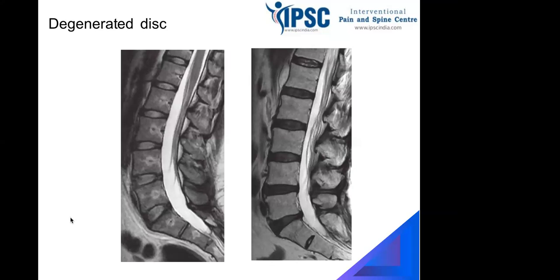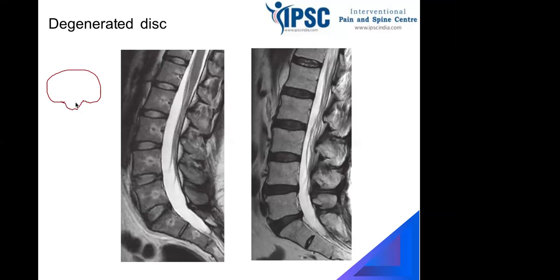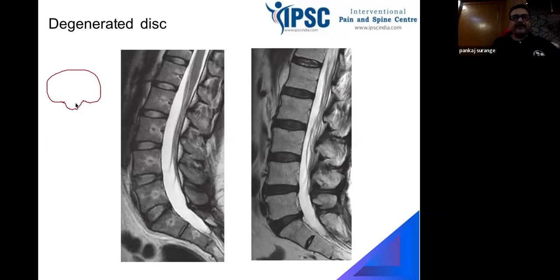Let me just make a diagram. Suppose you have a disc like this and there's a big fragment over here. The base is broad. Another is like this.